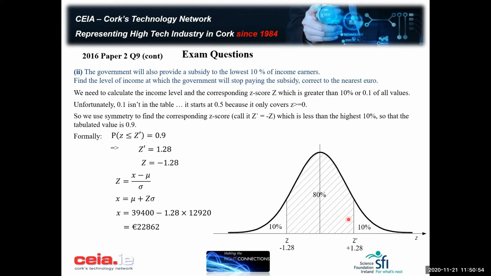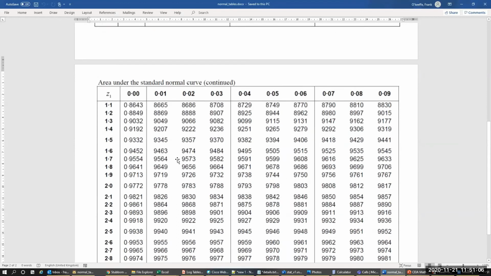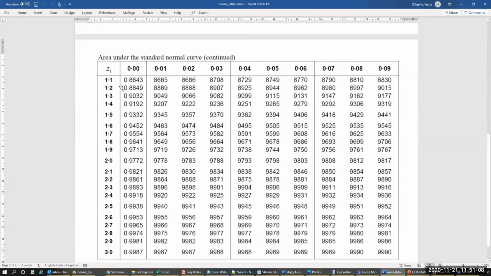So we're looking for a value of z prime such that P of z less than or equal to z prime is 0.9, and we find that on the table. We just look for 0.9 in the table, and the closest value there is 1.28.